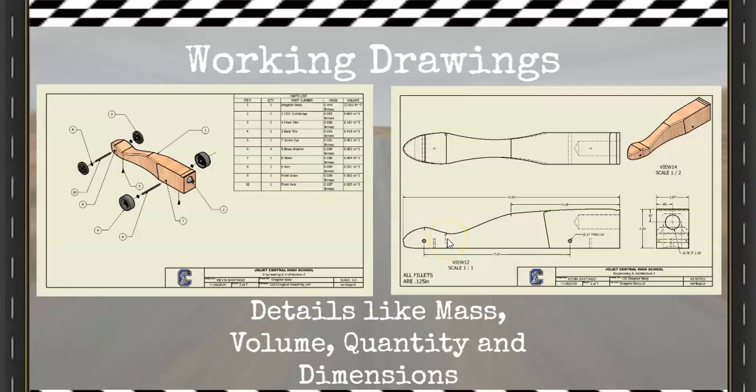Finally, I made some working drawings, since in the real world it's needed to manufacture anything. These working drawings have an assembly, an exploded assembly with all the parts listed, and top, front, and right views for each and every part with dimensions.